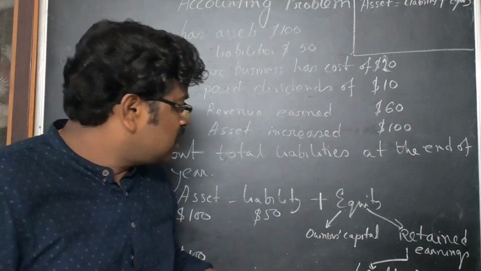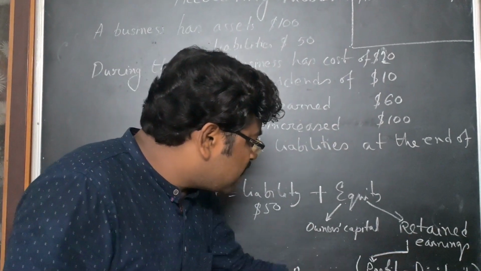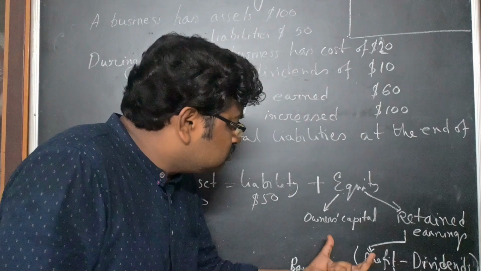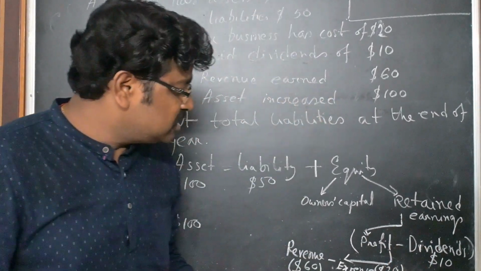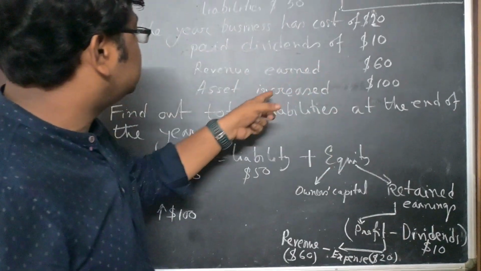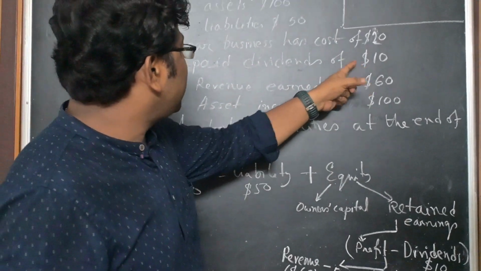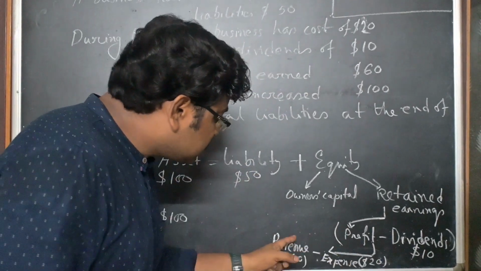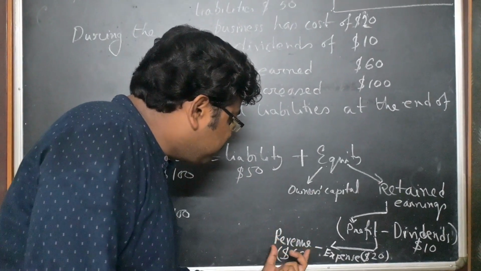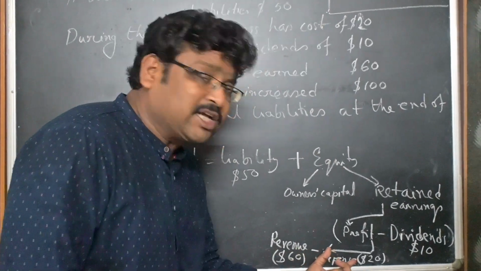Retained earnings come from the difference between the profit and dividend. The dividend is $10, and profit is the difference between revenue and expense.